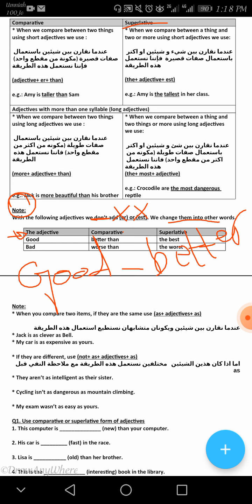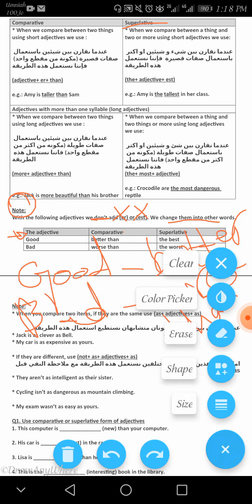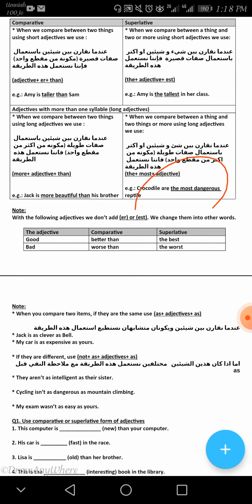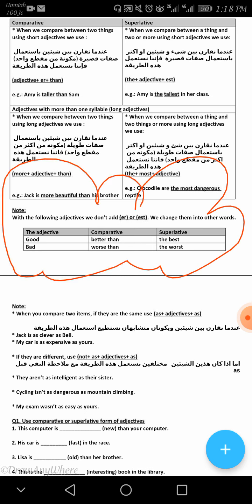Okay, bad تصير worse than. So you have to memorize them. هدول يا مس حفظ.